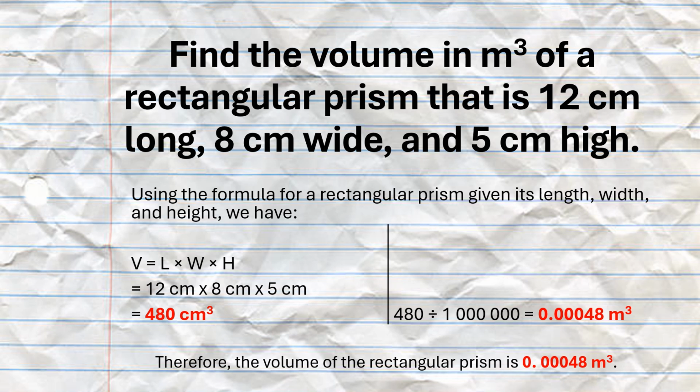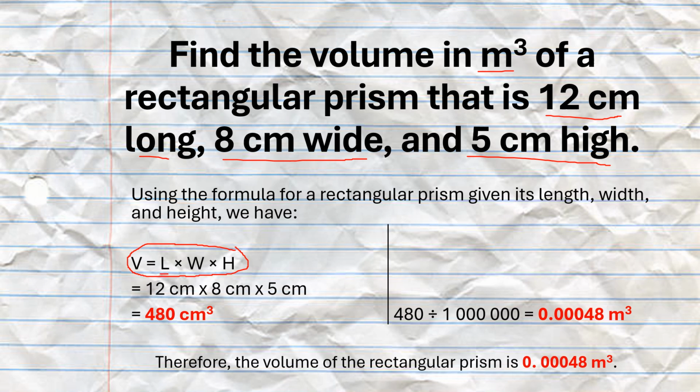Let us find the volume in cubic meters of a rectangular prism that is 12 centimeters long, 8 centimeters wide, and 5 centimeters high. Using the formula V equals length times width times height, let us substitute the value of each dimension.